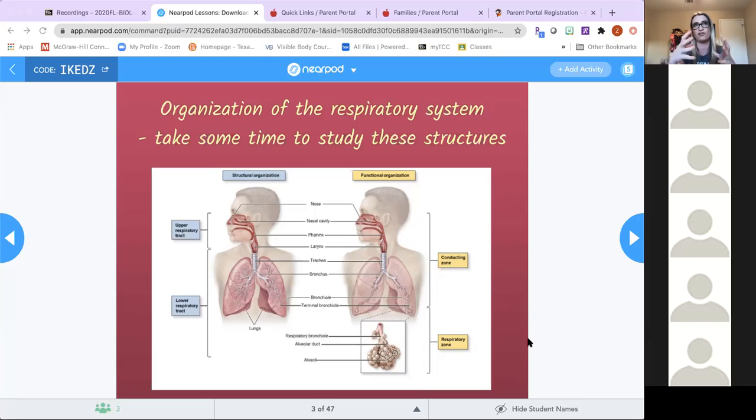It's kind of like when you think about a bunch of grapes. Each individual grape would be an alveolus, that's the singular, and then a bunch of those grapes on that stem would be the alveolar sac. All of the grapes together in that area.